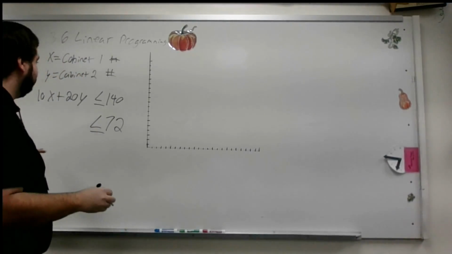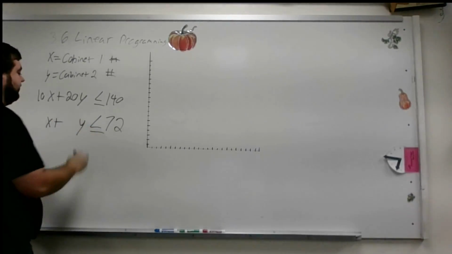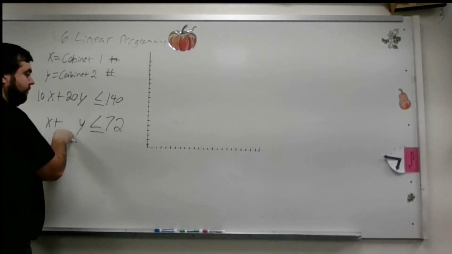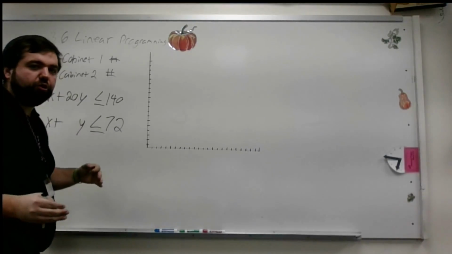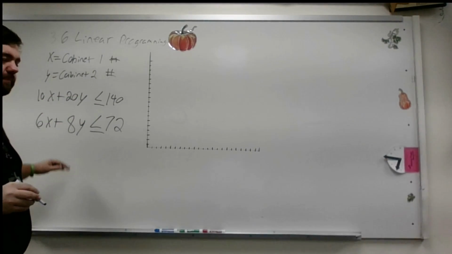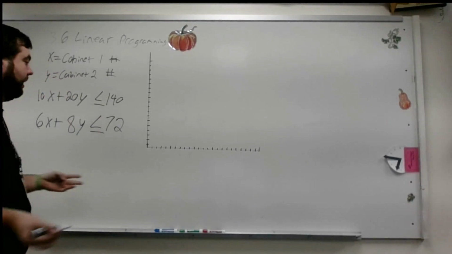Now we ask ourselves once again, all the cabinets of X and all the cabinets of Y have to be less than that. Well, what's their coefficient? How many square feet they took up. X was 6 square feet, Y 8 square feet.